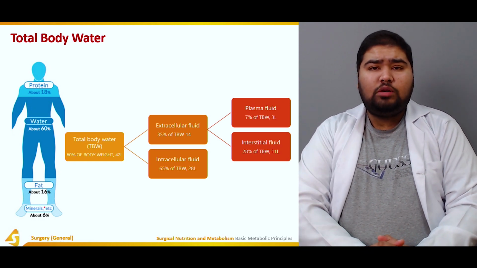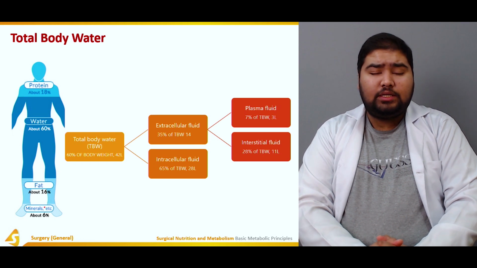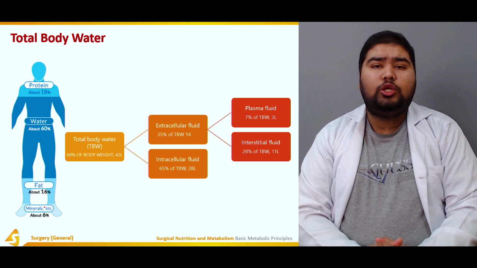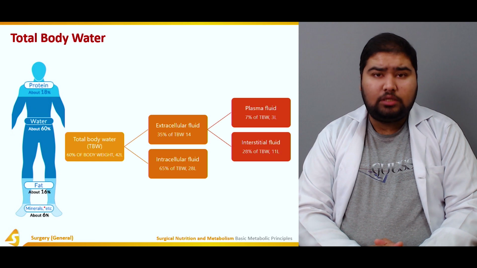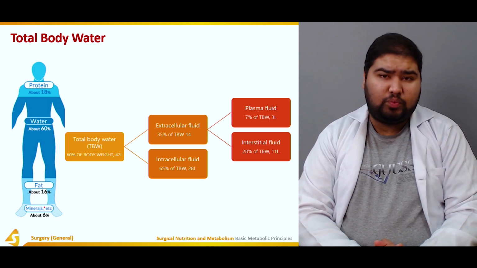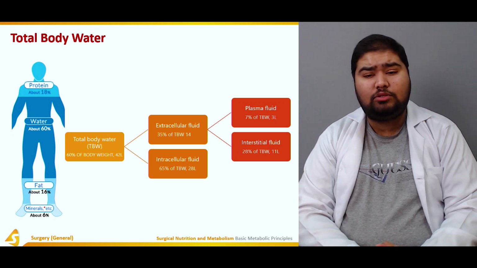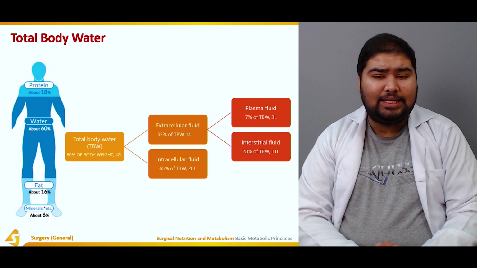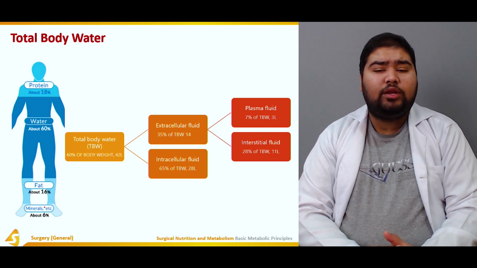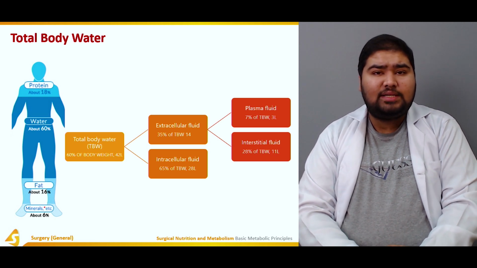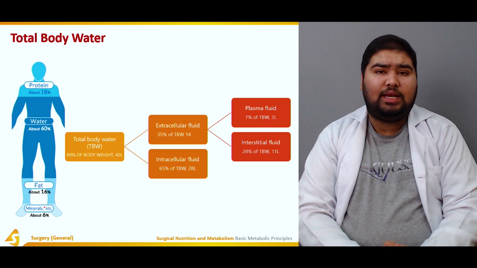So, the total body water is the percentage of water present in a normal physiological male. The total body water is about 60% of the body weight, and it mathematically comes out to be 42 liters. Now, this total body water is divided into extracellular fluid and intracellular fluid.